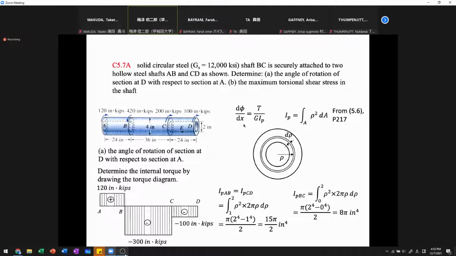And when you calculate phi, at that time T is given from this drawing, and I will be estimated from this equation. Okay, and IP is here, and rho and dA should be estimated here.